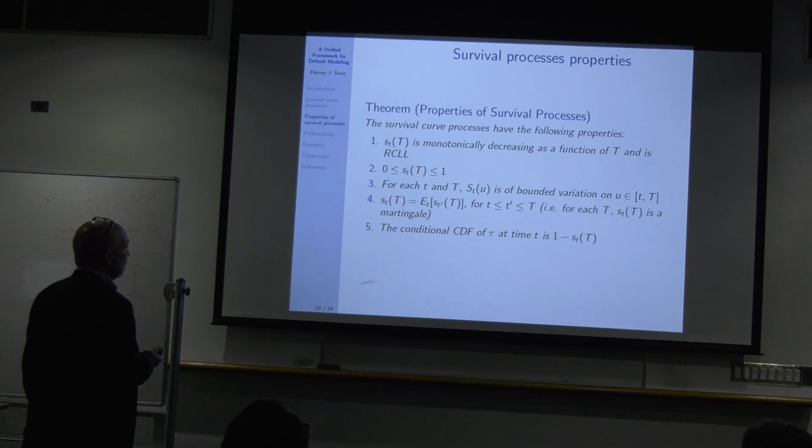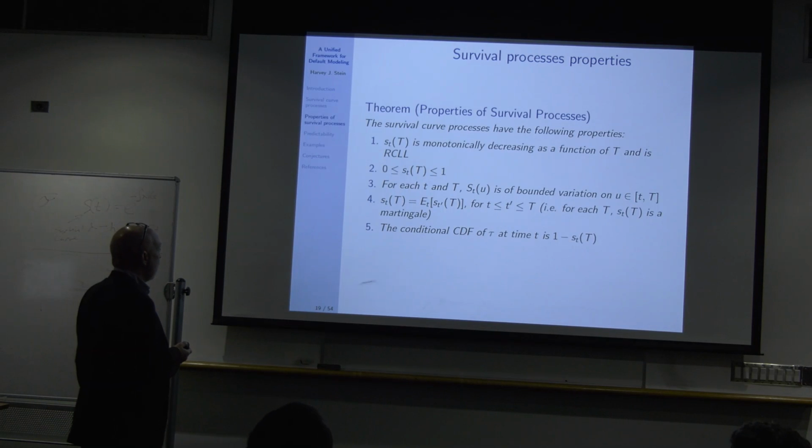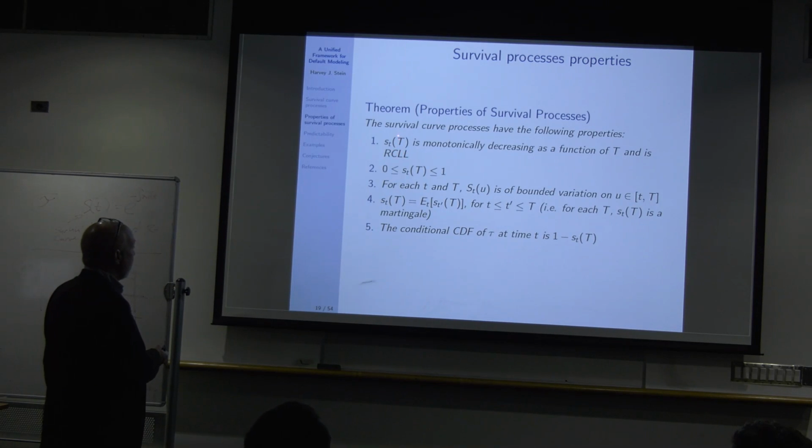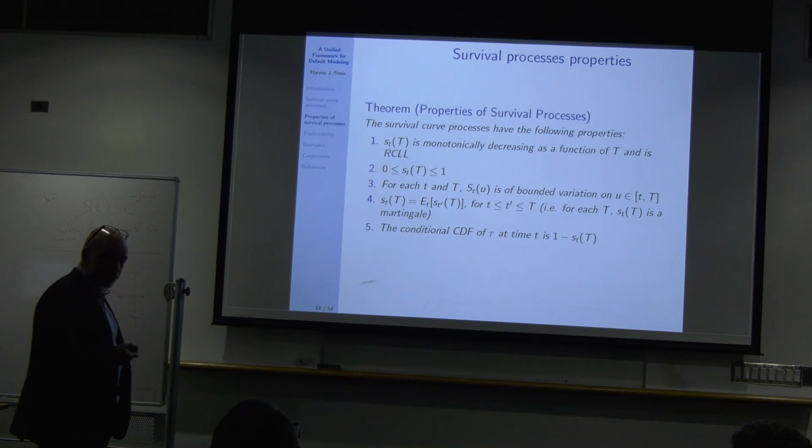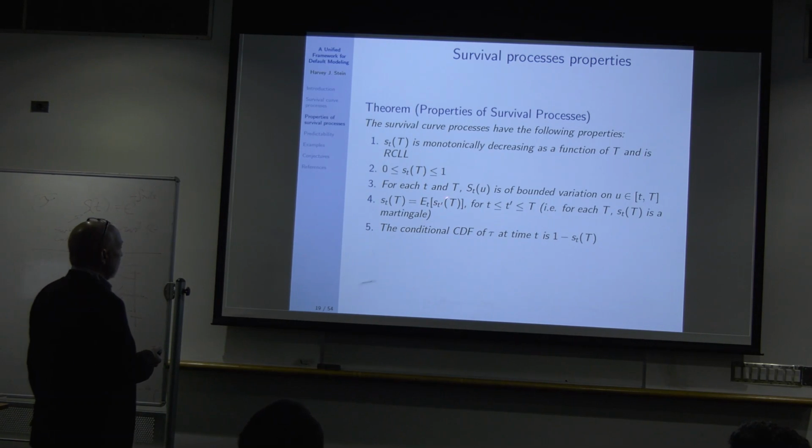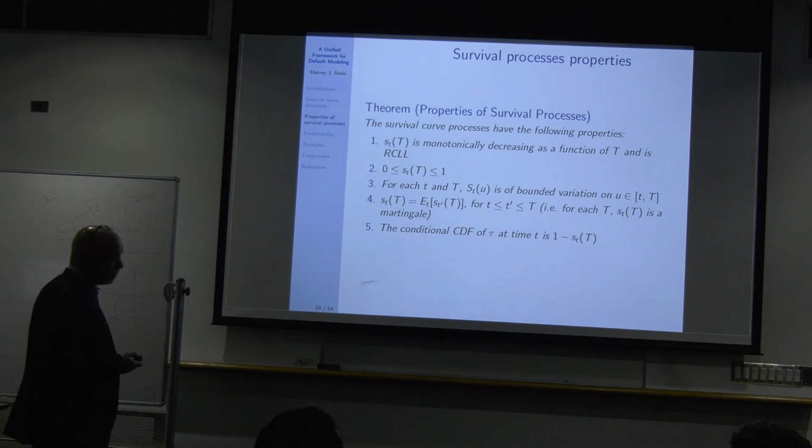Moreover, we have these other properties. We have that S sub little t of cap T is monotonically decreasing as a function of cap T, right continuous with left limits. We picked it that way. It's between 0 and 1. For each little t and cap T, it's a bounded variation function on bounded intervals.